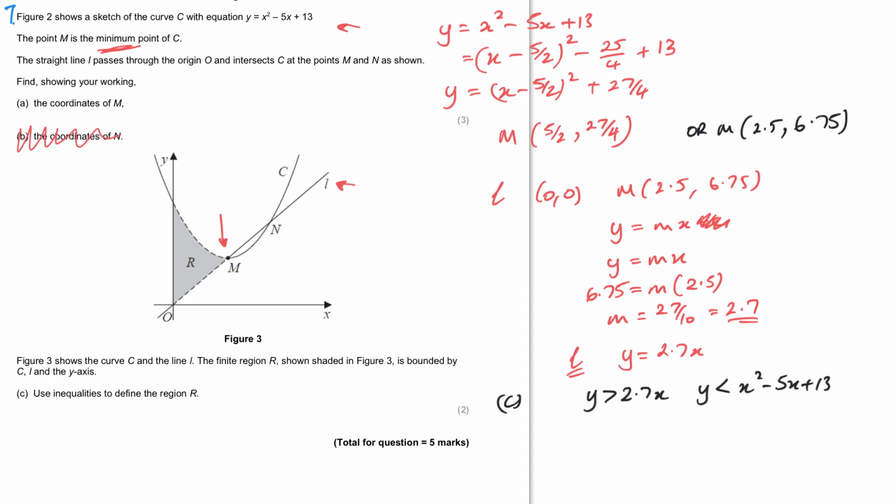We need two more inequalities. We want x greater than or equal to 0, because clearly we haven't crossed this y-axis. And then we want less than this value of M here, because we need this, don't we? Okay, so this is at 2.5, isn't it? x equals 2.5, so x is less than or equal to 2.5.